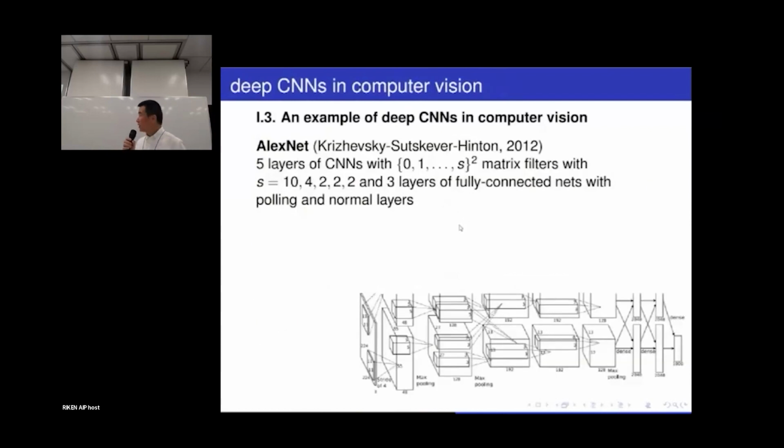Let me just mention one example, that is the AlexNet. The input of this AlexNet is a 224 by 224 by 3 image, which is a color image. If you look at each pixel as one variable, then the dimension of the input data is about 150,000, which is large. If you want to use fully connected neural networks to process this data, usually the number of neurons is larger than the dimension. Then the number of parameters you need to train is a lot.